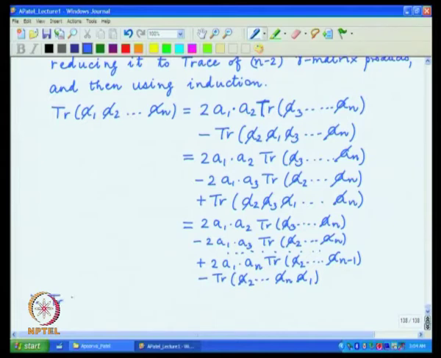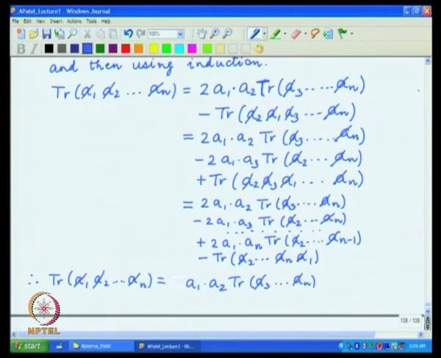So, we have a final result which is, for a product of an even number, we just write all the various dot products of A1 with all the other matrices one by one, and with alternating signs.